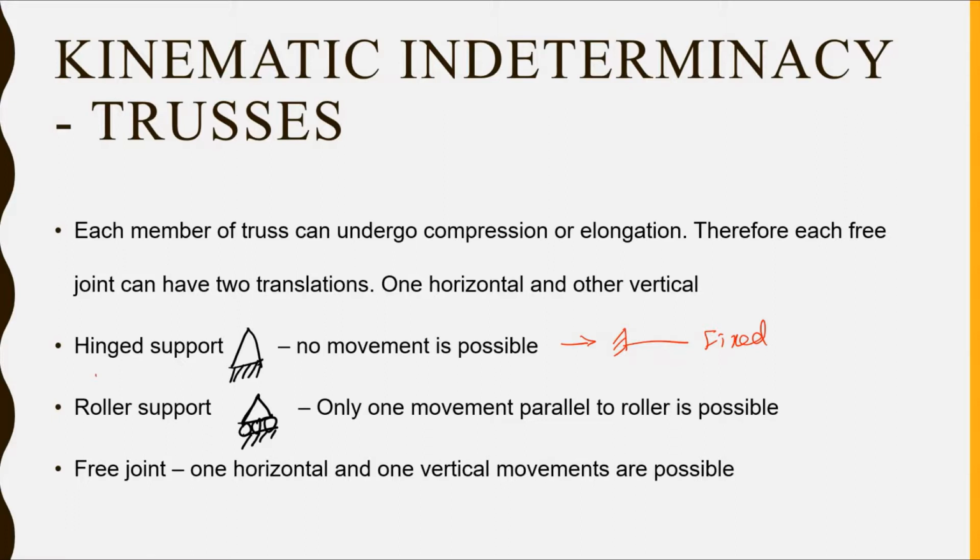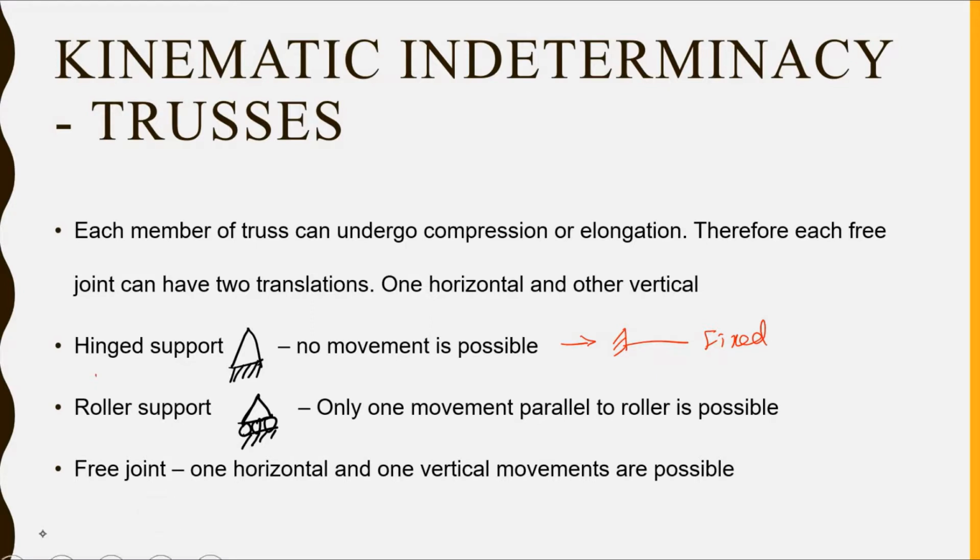A roller support can move in one direction, that is parallel to the roller. A free joint, which is the point at which two or more members of the truss meet, can have two types of motions, one horizontal and the other vertical. When we talk about kinematic indeterminacy, we know it is the degree of freedom of a structure.